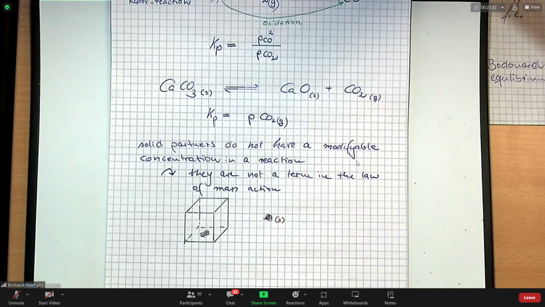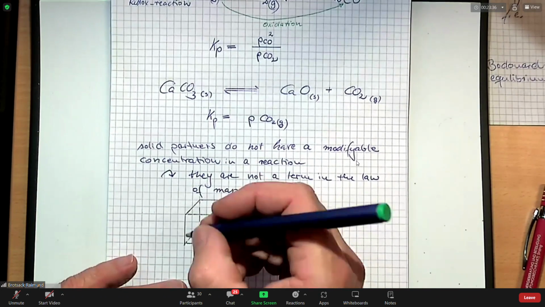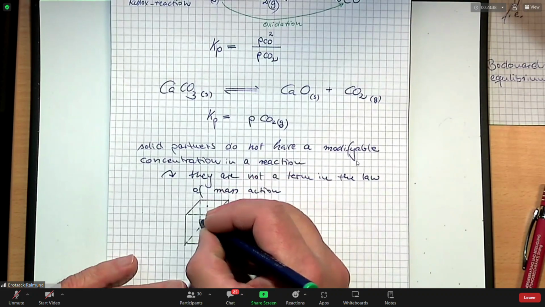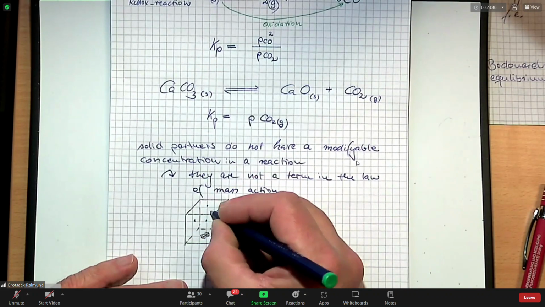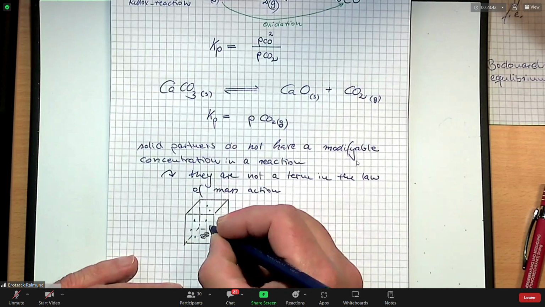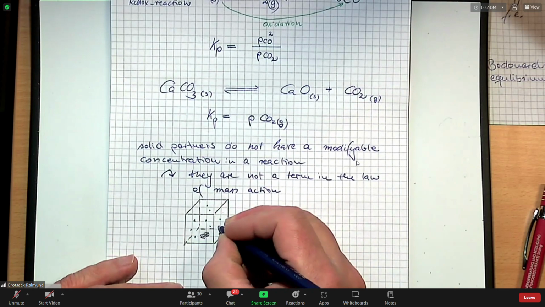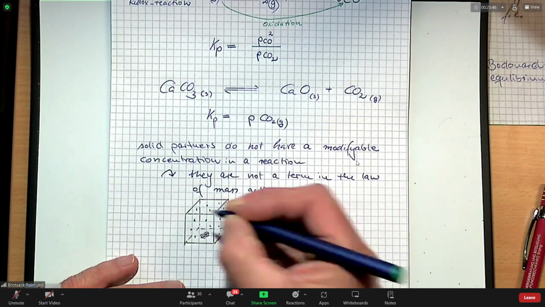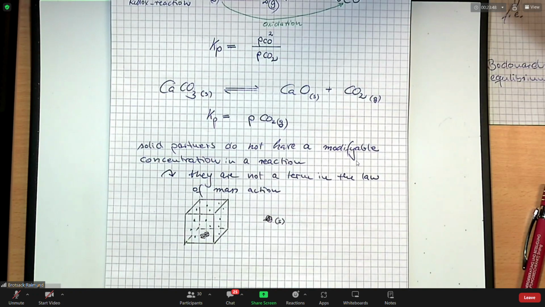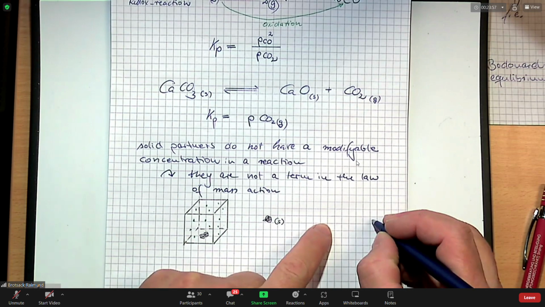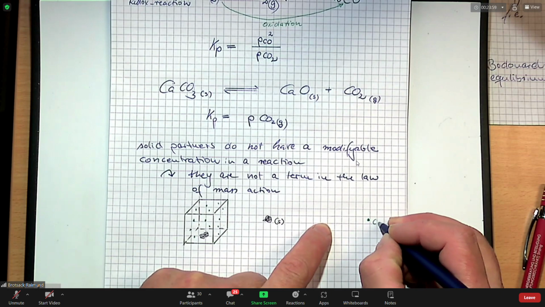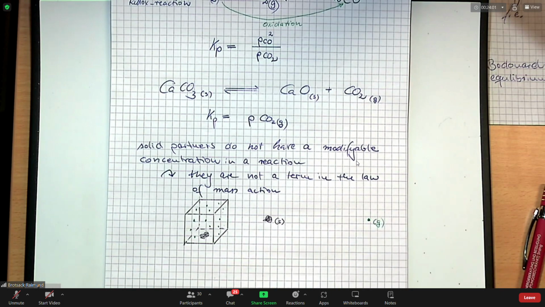And then we have, let's say, two different compounds which are a gas. Here, the green one, and they are homogeneously placed in the cube. And let's say this is our product. So this particle is a product, that's a gas.